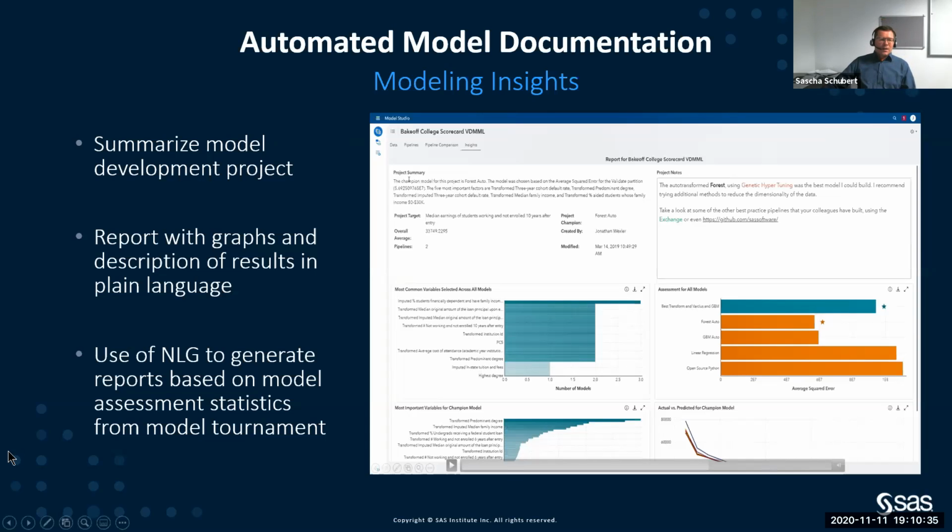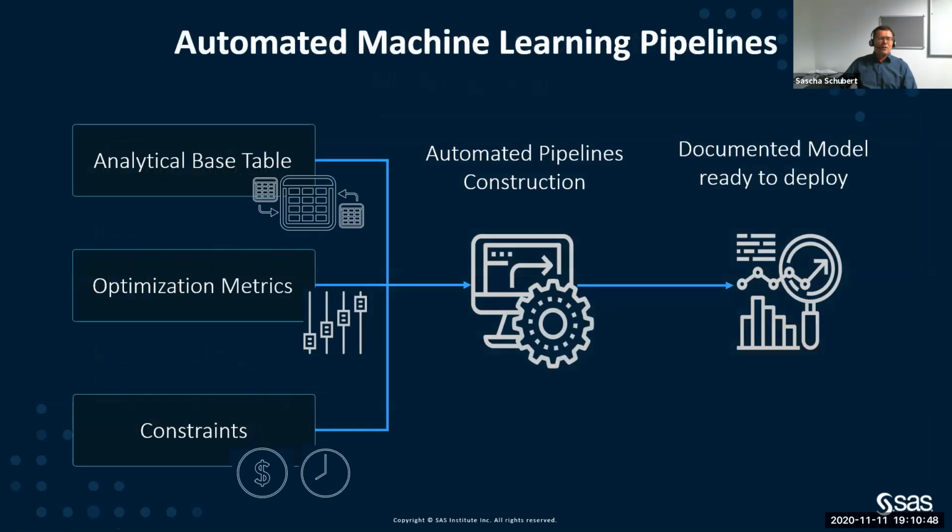So the notes that you see in the reports here get generated by natural language generation algorithms that create these descriptions of the reports automatically and make them easier to understand for users and decision makers. And then you can automate the whole thing. You can automate really the whole pipeline that was shown at the beginning.